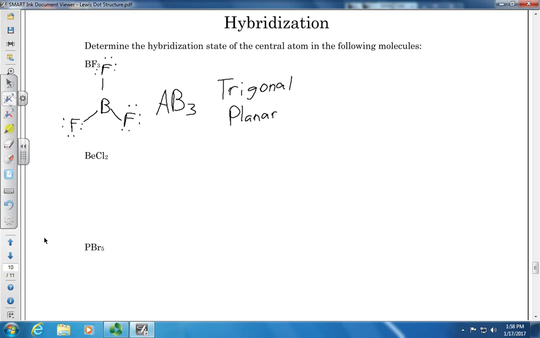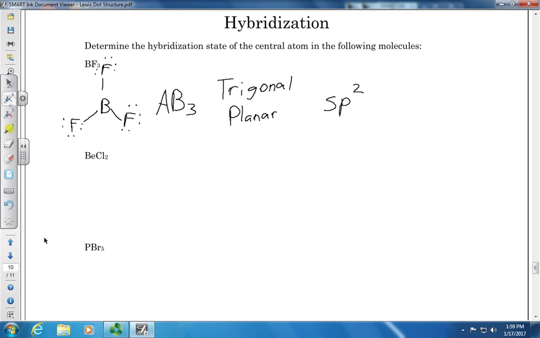And we also know, just like with the molecular geometry, this is going to be a chart in your book that you're going to want to memorize in terms of which generic terms yield which hybridized states. And in this case, AB3 yields an sp2 hybridized state for the central atom specifically.